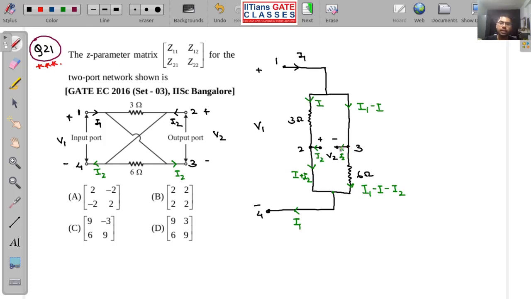So it will be minus V2 minus 3I equal to 0. So this means I is equal to minus V2 by 3. Let me write it a little bit more clearly.